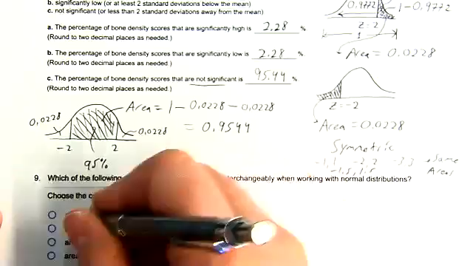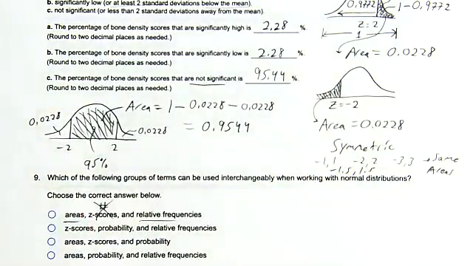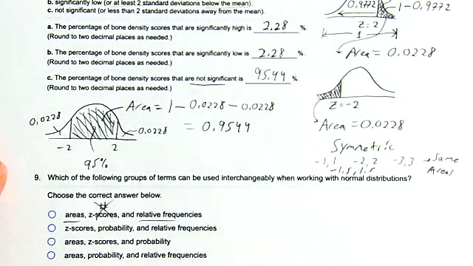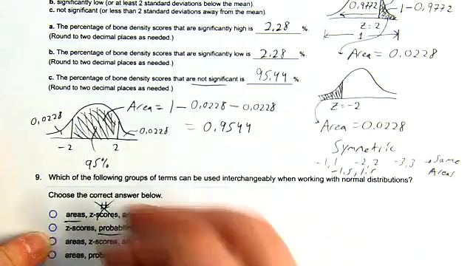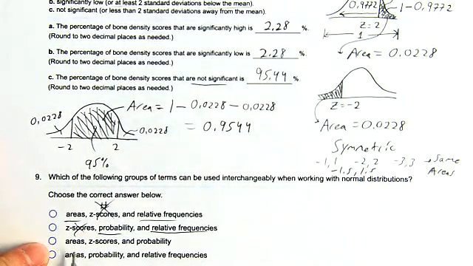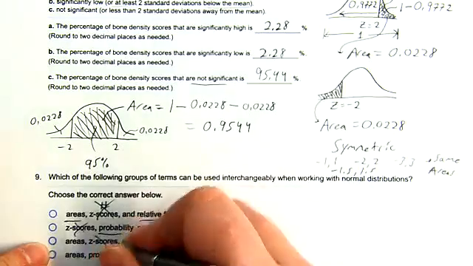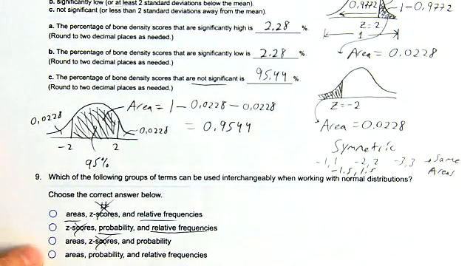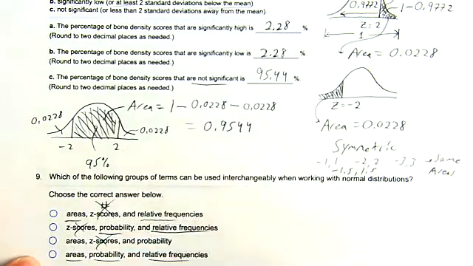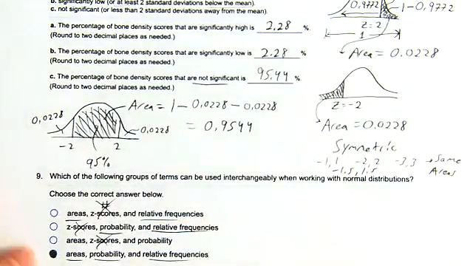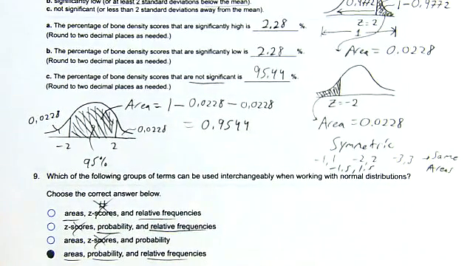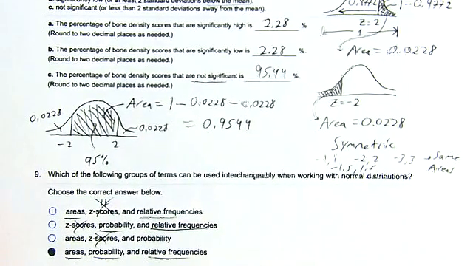So these two are the same, but z-scores doesn't fit that pattern. Z-scores, probability, and relative frequencies, also areas, but z-scores are not. Areas, z-scores, and probability, we just said z-scores aren't areas. Areas, probability, and relative frequencies. Yes, these are all the same when you have a normal curve. Z-scores are lines, and a line can't have an area.